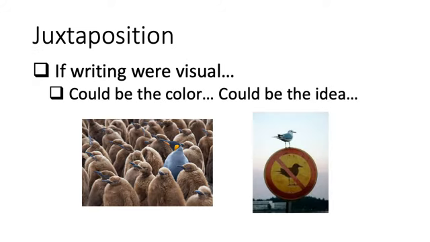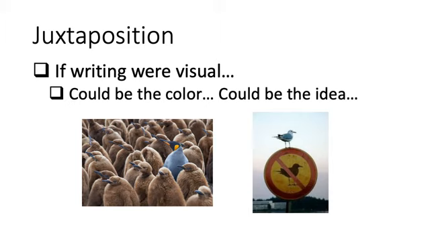So if we're looking at it visually, on the picture on the left here, you can see that the color is, of course, what makes this one penguin stand out. There are a bunch of penguins in the picture, but the author is drawing our attention to one of them for a specific reason, and we have to figure out what that is. In the picture on our right, we can see that there are two different representations of a bird. One of them is completely free, and the other one is not supposed to be there.